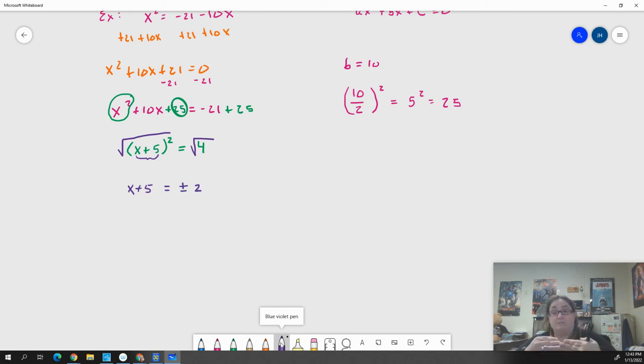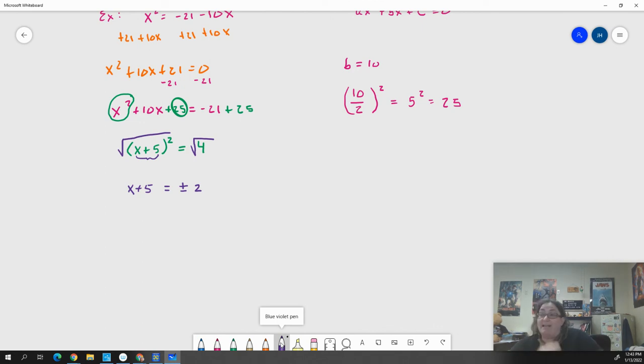Because negative 2 times negative 2 can equal 4, but also positive 2 times positive 2 can equal 4. And so a perfect square of 4 could be made by two things. It could be made by negative 2's, or it could be made by positive 2's.